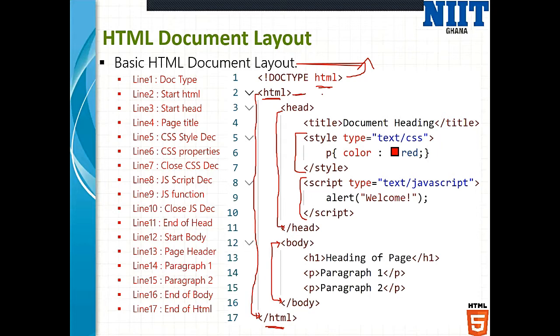If you wish to add functionalities, you need to add something called CSS or something called JavaScript. CSS will be used to add the graphics, and JavaScript will be used to add the functionality.